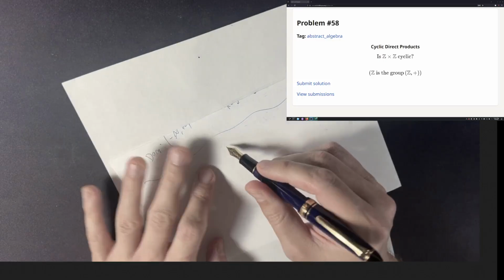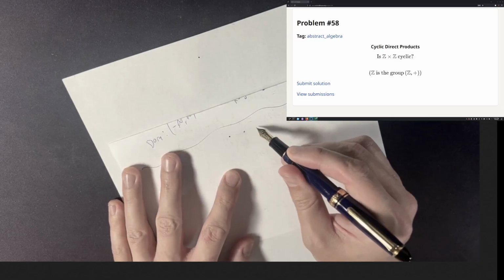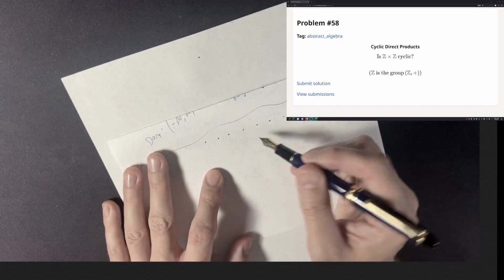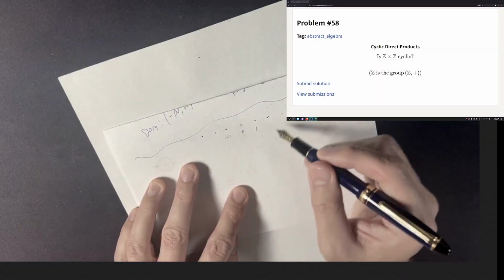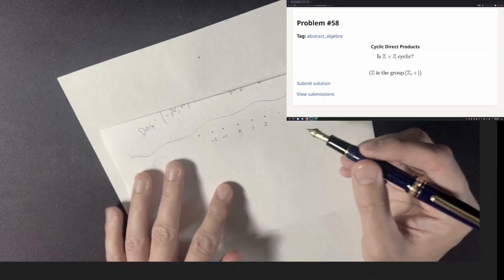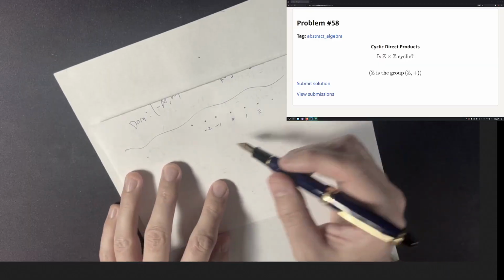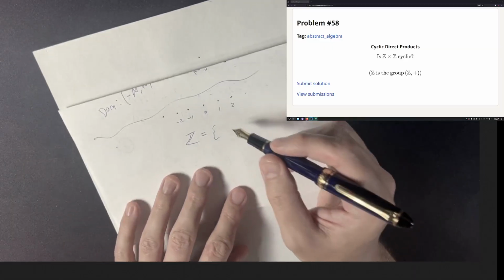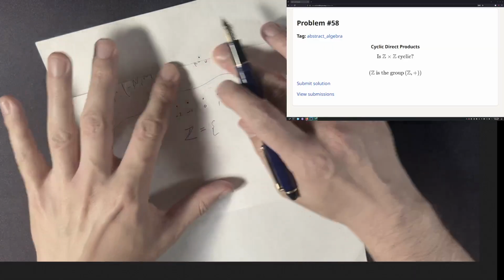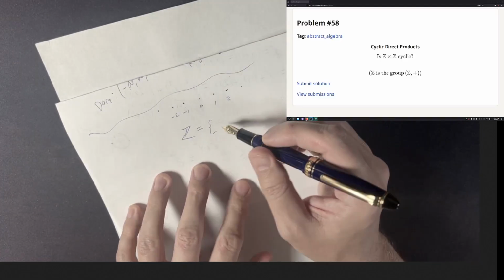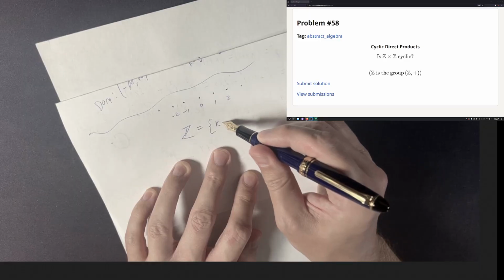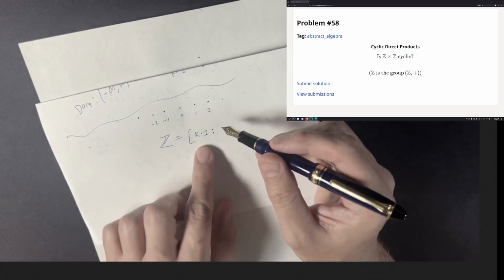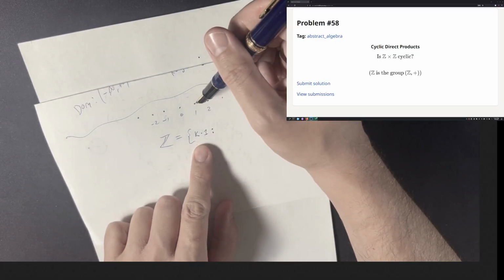If you're picturing it, you can picture on the real line a doubly infinite set of points. So if this is 0, it goes off in both directions. The reason I bring that up is that if you were to take a number like -1 or 1, you can cover this set by taking any integer multiple.